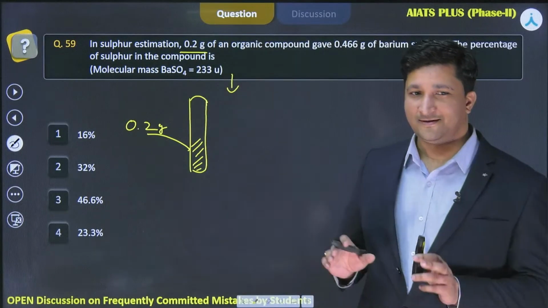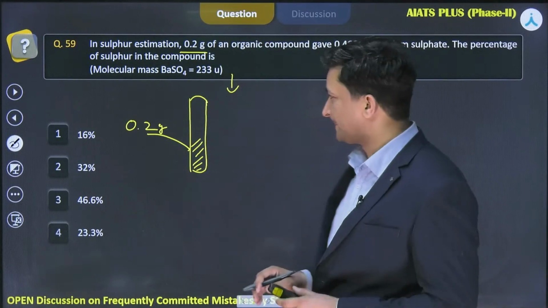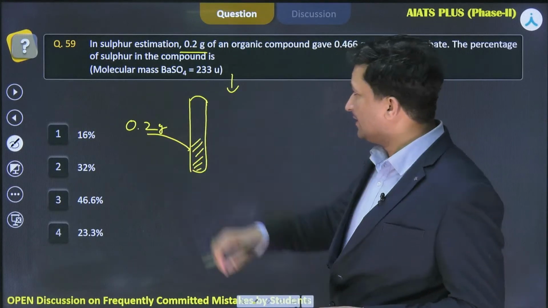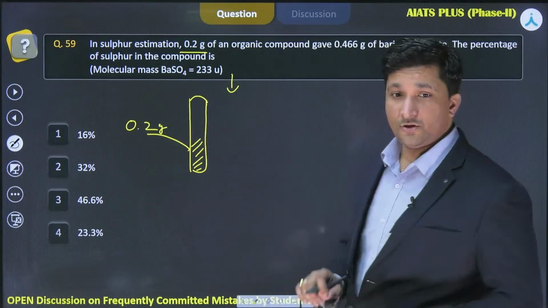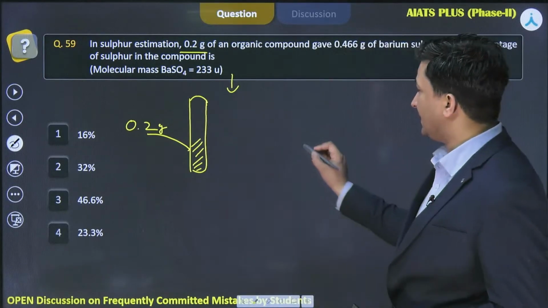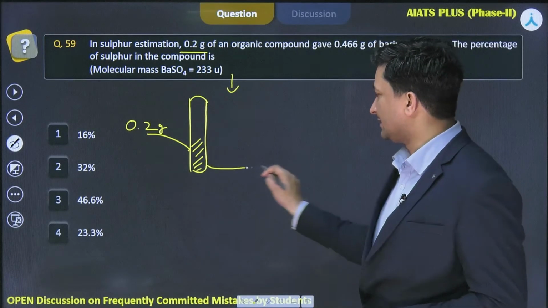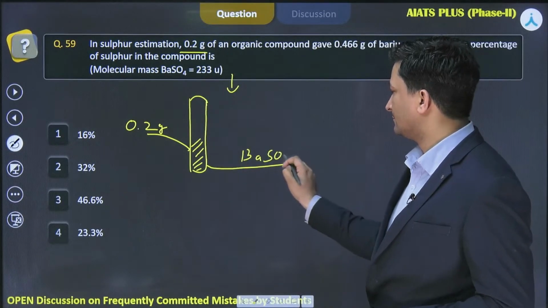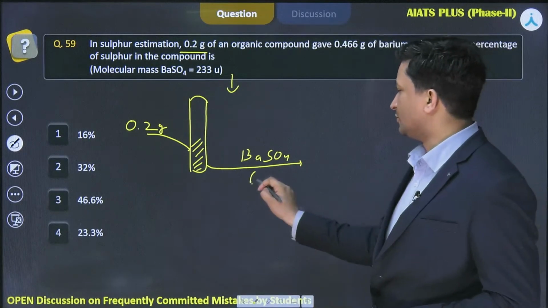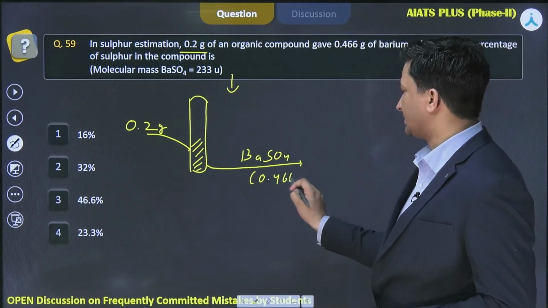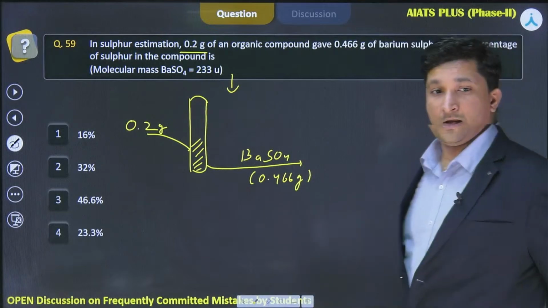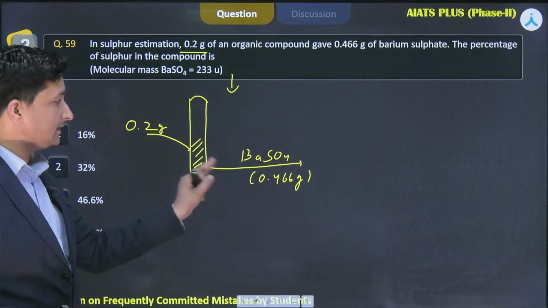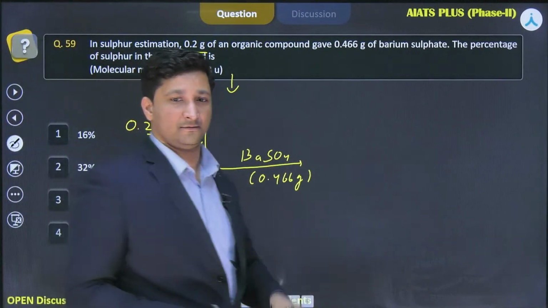So now let's come to this question. Here you can see that we have taken 0.2 gram of organic compound, and from this we are precipitating, taking out barium sulfate. How much? 0.466 gram. It means all the sulfur that was there in the compound has precipitated in the form of barium sulfate.